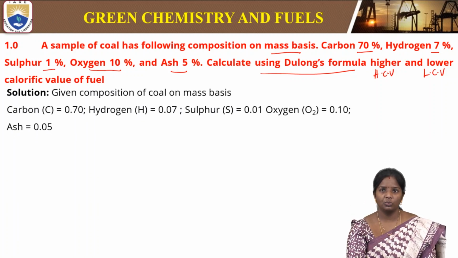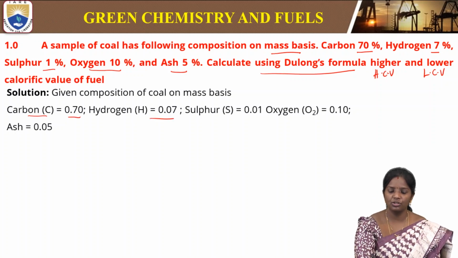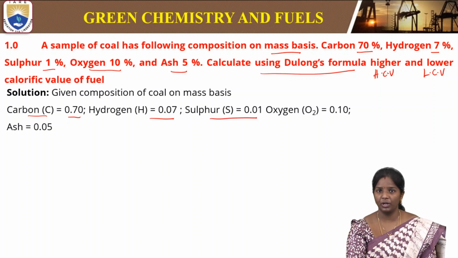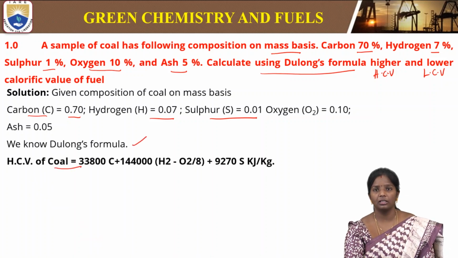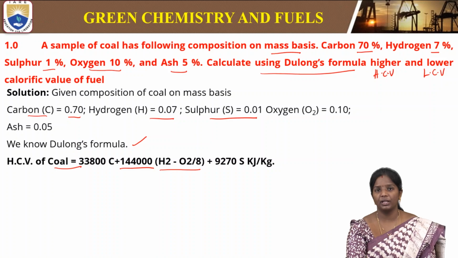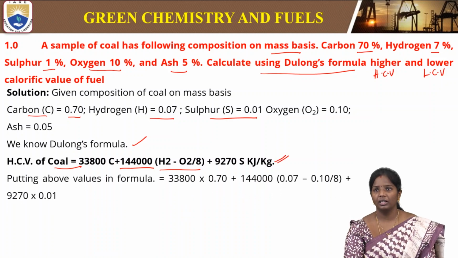Now we convert into mass basis: carbon is 0.7, hydrogen is 0.07, sulfur is 0.01, and oxygen is 0.1. Dulong's formula is 33,800 C plus 144,000 into hydrogen minus oxygen by 8, plus 9270 sulfur, expressed in kilojoules per kg.